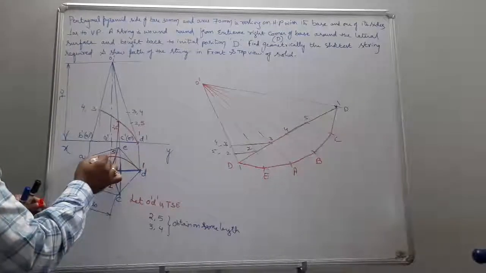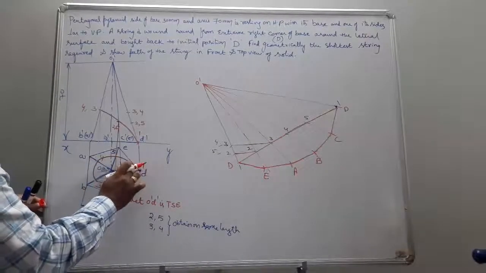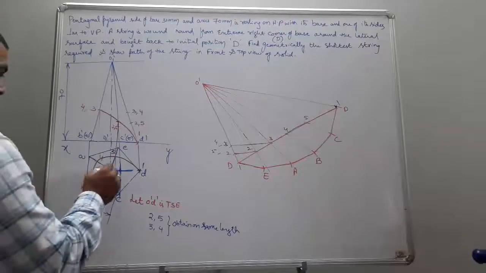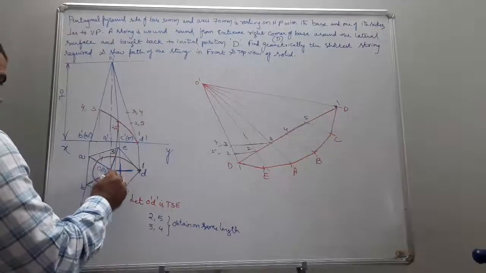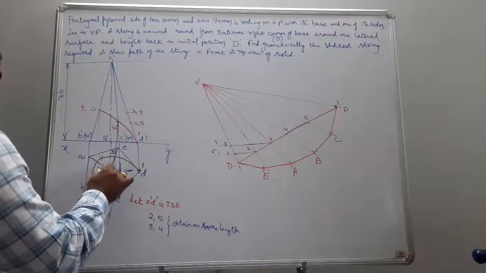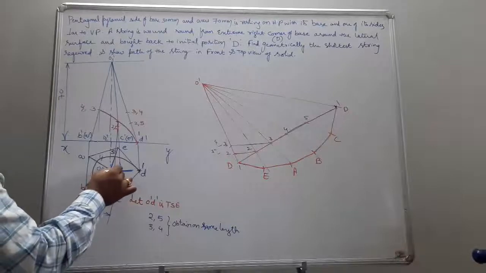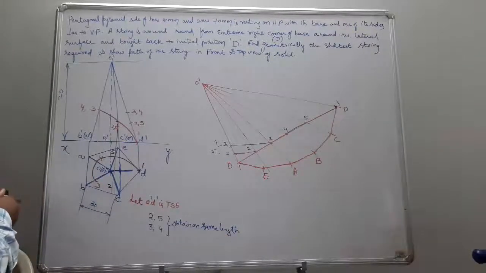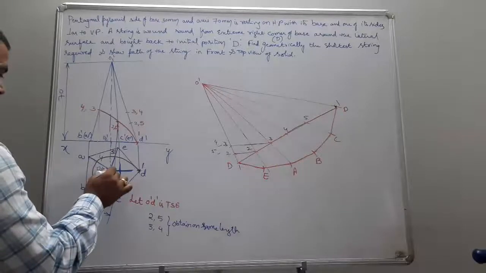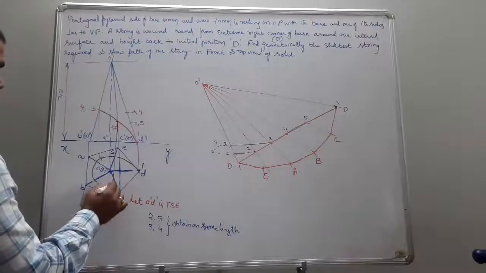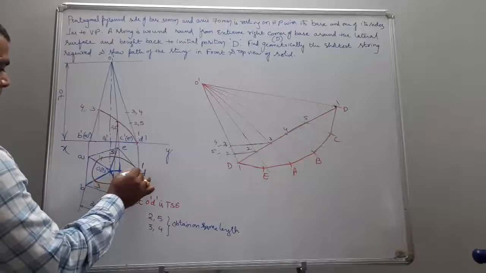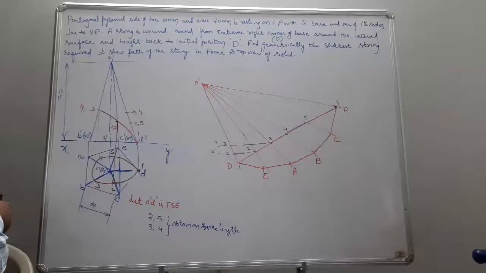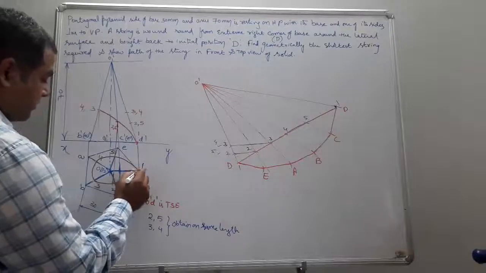So this becomes your 2. When you see from the top, you just see like this.